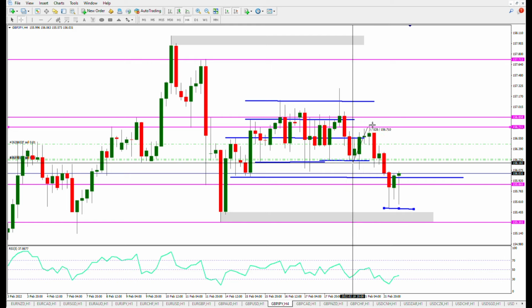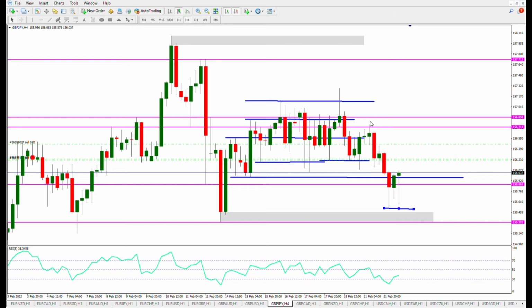pullback that I told you about, that what was going to happen, because the market was solidifying this sell, this entire move. It did 1, 2, the second level right here. So I think it's probably looking for another sell, but as you can see, it retested this support right here.